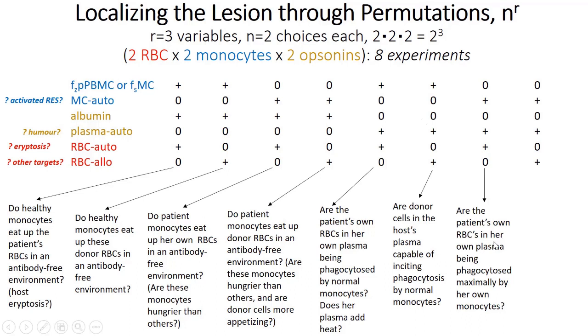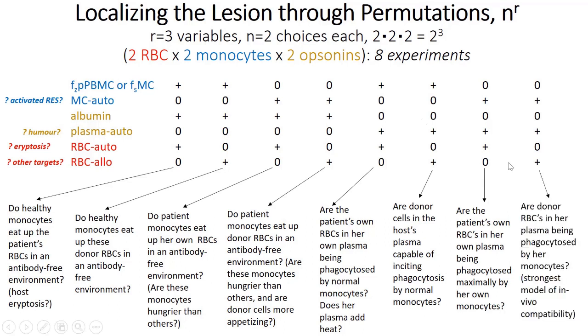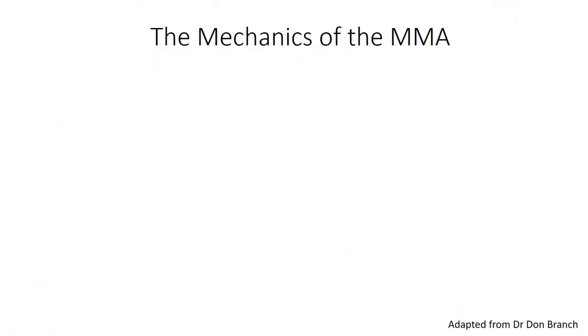Are the patient's own red cells in her own plasma being phagocytosed maximally by her own monocytes? Is this the triple jeopardy? And finally, are donor red cells in this patient's plasma being phagocytosed by their monocytes? A very useful answer, the strongest model for a potential in vivo incompatibility.